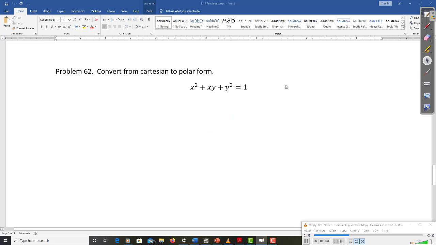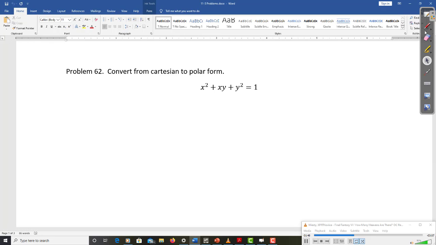Alright, this is Cartesian to polar form. So basically we want to convert everything over to polar form, everything in terms of r's and thetas. I honestly find this way a little bit easier just because we have x equal r cosine theta and y equal r sine theta.